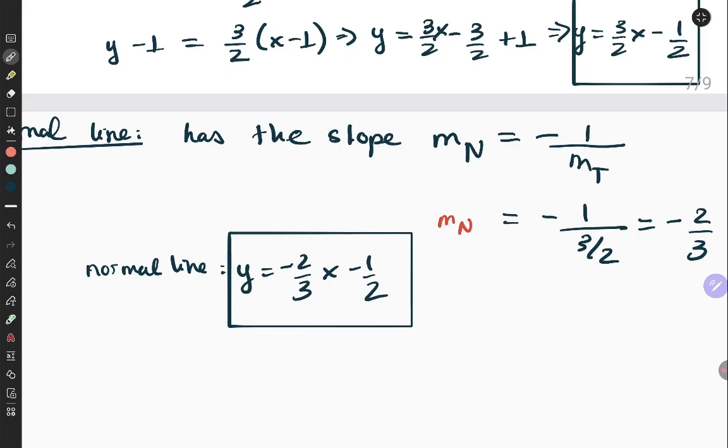How quick is that? Basically, it's the same line, normal line, tangent line. The only difference is the slope. How do you find that slope? Negative reciprocal. Negative reciprocal.